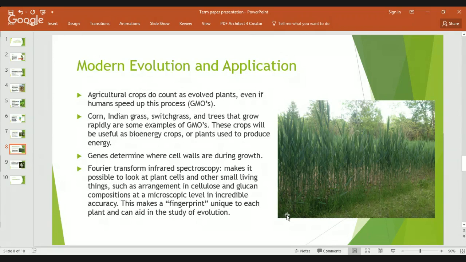So crops like corn and lots of different grasses, well, corn is a grass, and some trees are selected GMOs, and they're used for a lot of different purposes, such as crops to produce energy, such as corn or ethanol. And with this GMO, the genes determine where the cell walls are going to be during growth, and that can also help track the evolutionary changes.